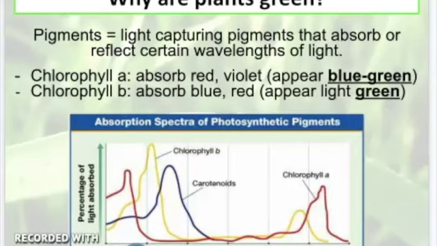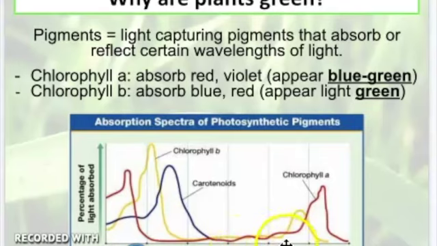If we look at this accessory pigment here, carotenoids, those are found in carrots. And carotenoids, as you can see, absorb violet, blue, and even green wavelengths. Well, carrots are typically orange.